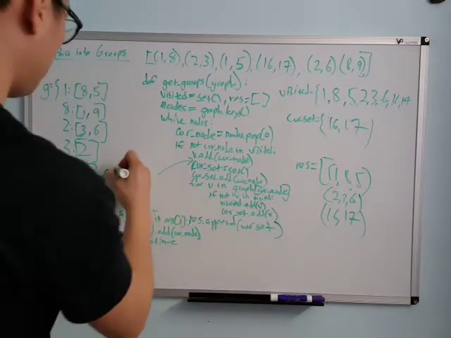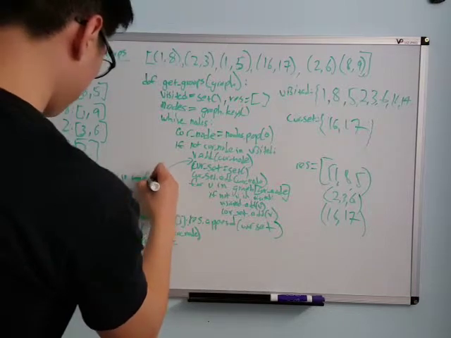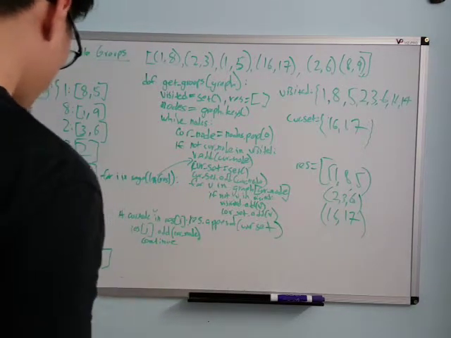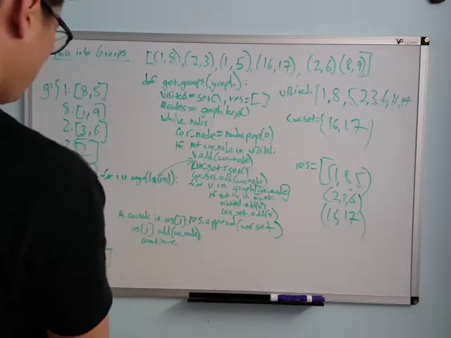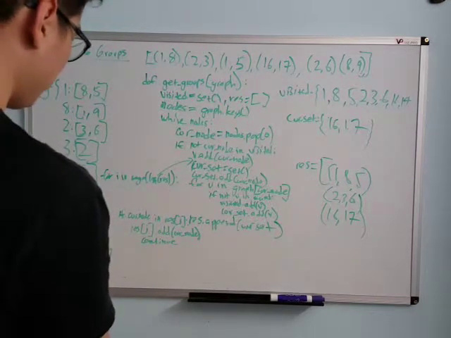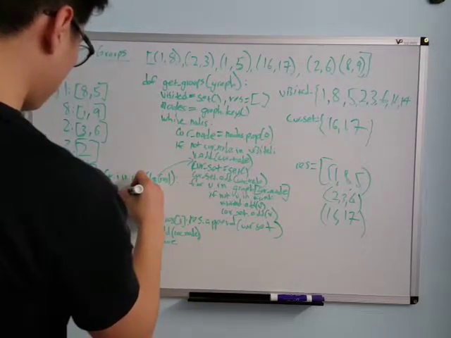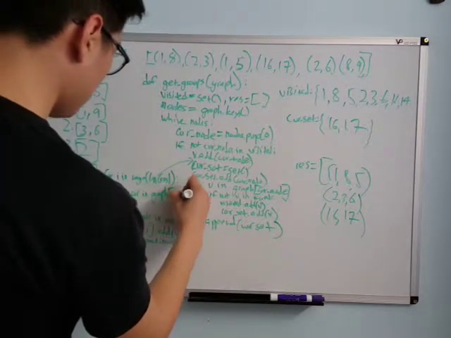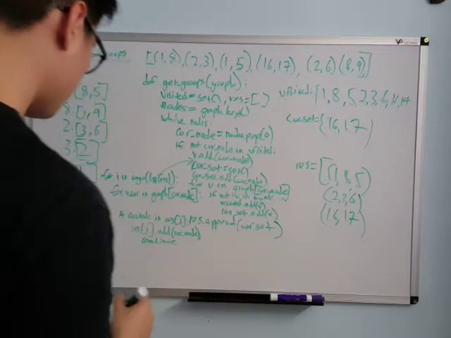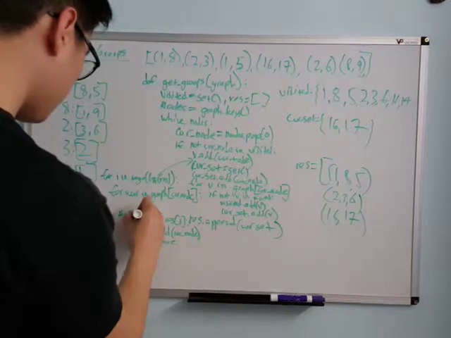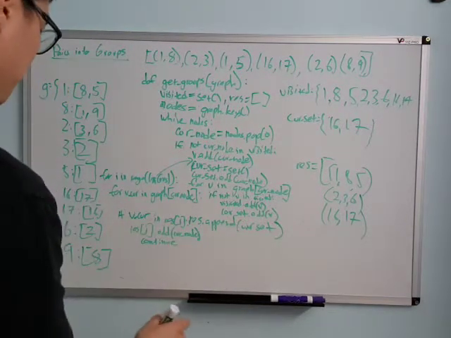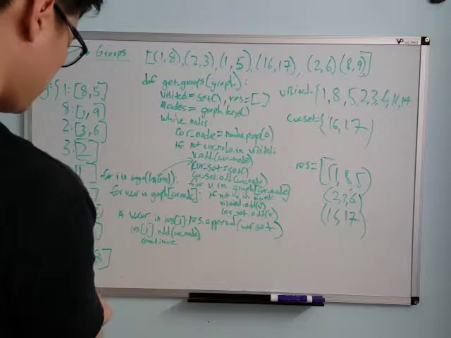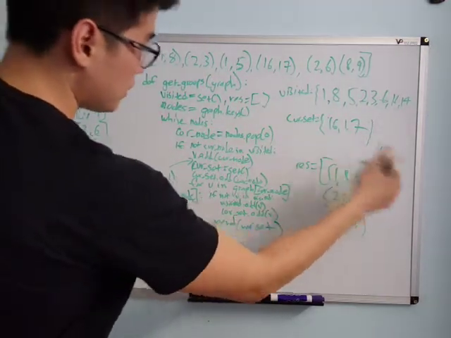So for i in range of length of res, we're looping through res, and then we need to loop through these values: for vcur in graph of cur node, if vcur in res of i, vcur, which is 8 in i, then we add cur node into here.